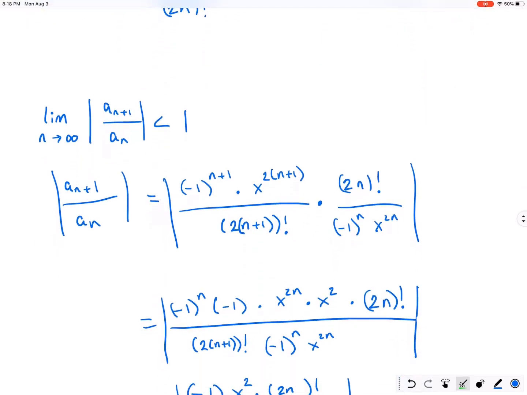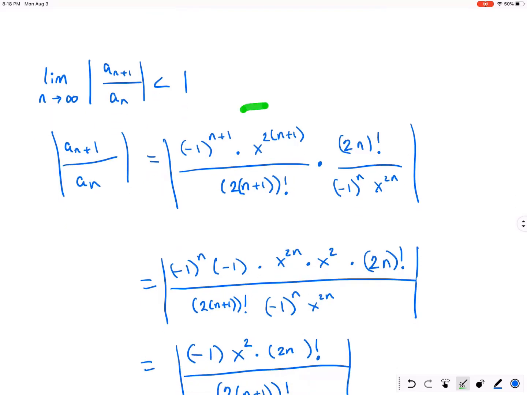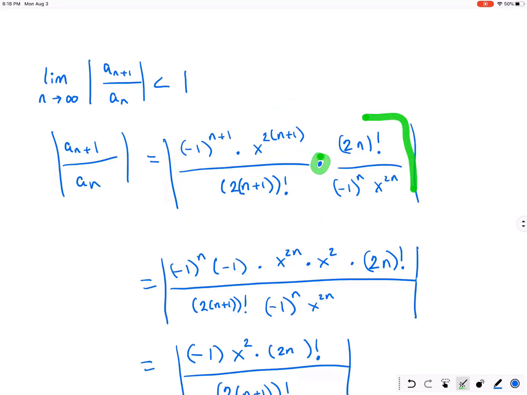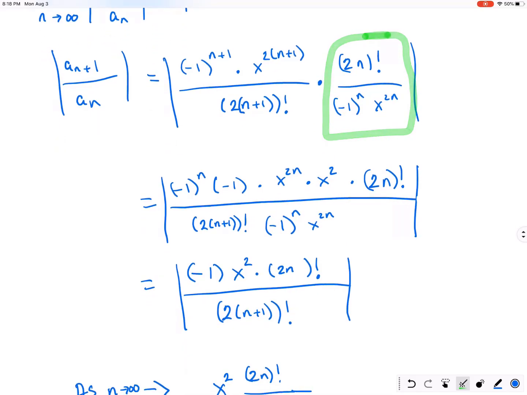So I took a sub n plus 1 and divided it by a sub n and took the absolute value, and I did some algebra first. So this is a sub n plus 1, and I multiplied that by the reciprocal of a sub n, and then I took the minus 1 raised to the n plus 1 and wrote that as minus 1 raised to the n times minus 1 raised to the first.